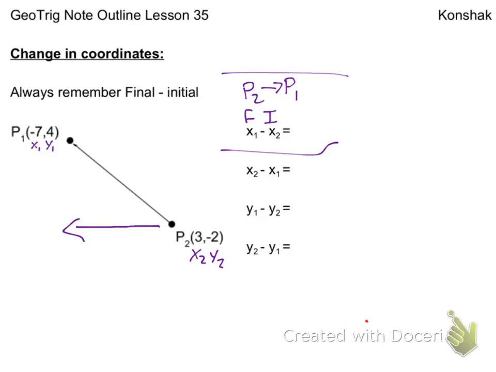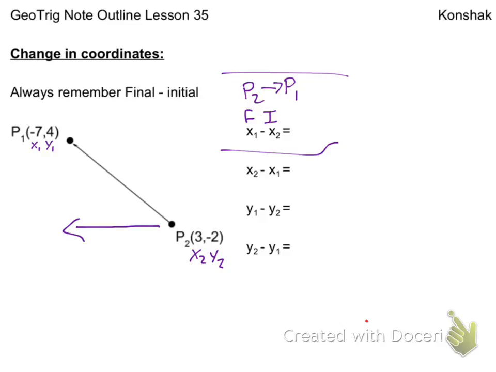Because that is taking me from point 2 to point 1's x value. Point x1, right here. What is that change? Now, wait a minute. Let's think. If I'm starting to the right, and I'm going to the left in the x direction, which way am I going? Negative. So my answer will be negative. Does that kind of make sense? That if I'm going in the negative direction of x, my answer, the change, has to be going negative?